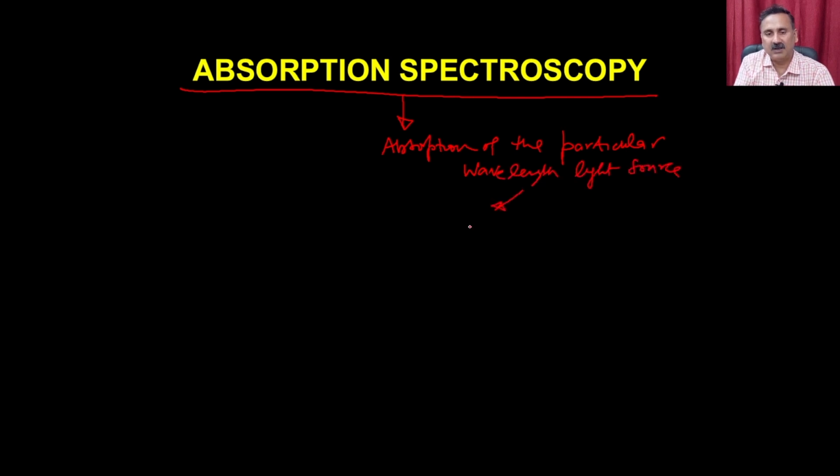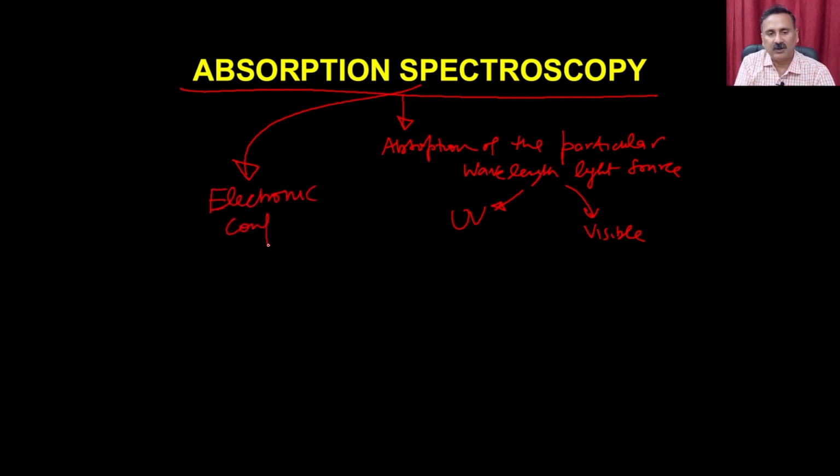It can be in the UV range or it can be in the visible range. As I said, absorption spectroscopy works on the electronic configuration of the molecule, right?